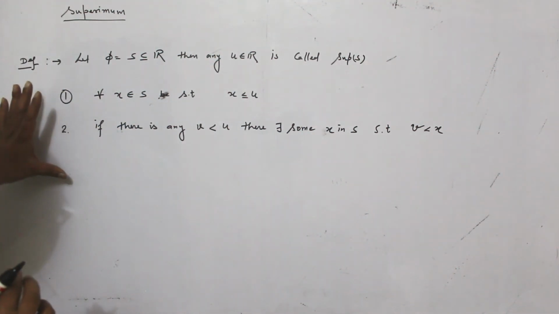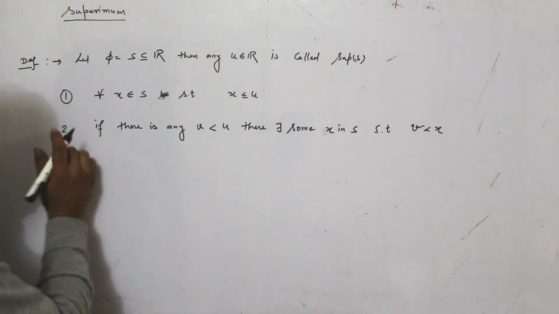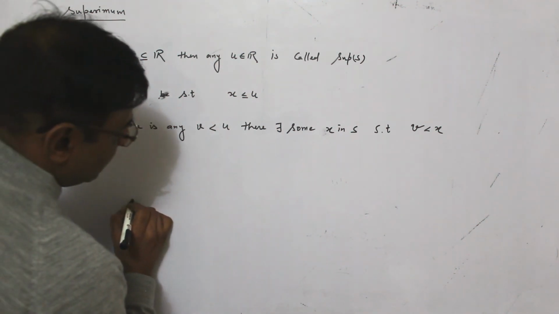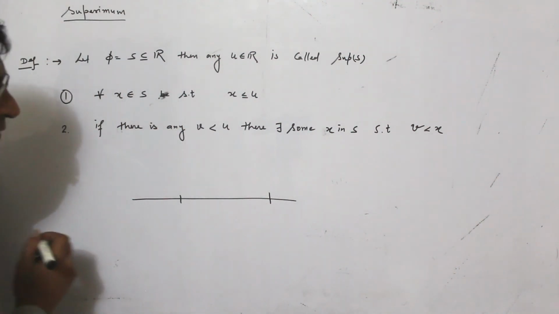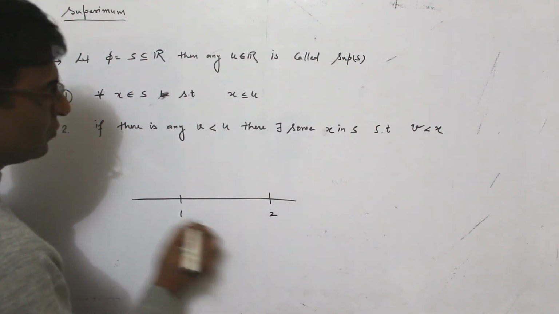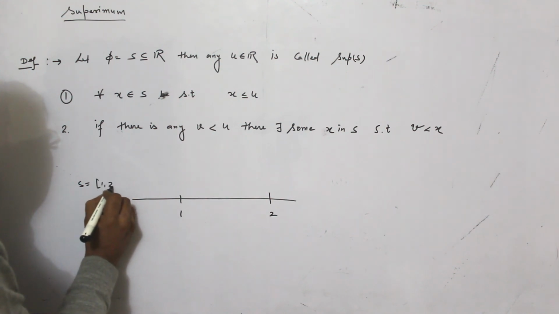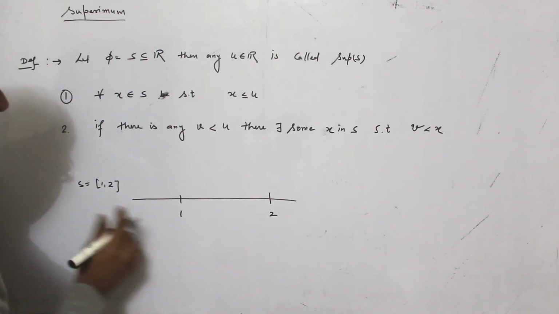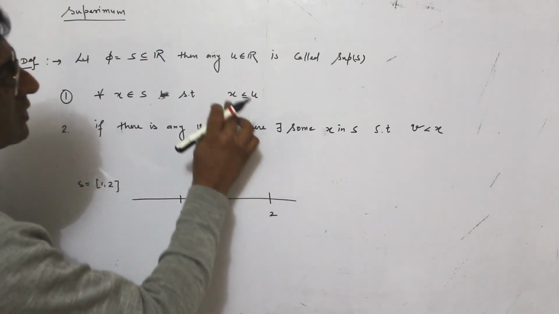This means, geometrically, if we try to understand this, suppose this is the real line with set S, this is 1 and this is 2. If I take S as the interval 1 to 2, then u is the upper bound.